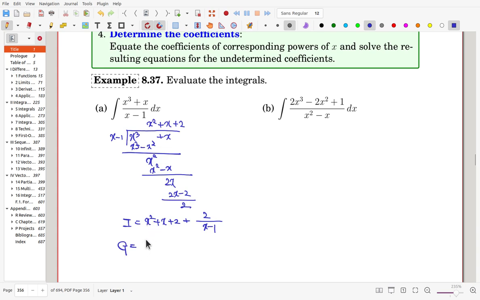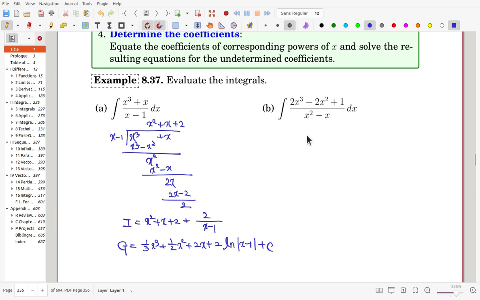For this one, 1/3 of x cubed, and for the second one, 1/2 x squared, and for this constant, 2x. For that one, twice the logarithm of x minus 1, and the integration constant, right?